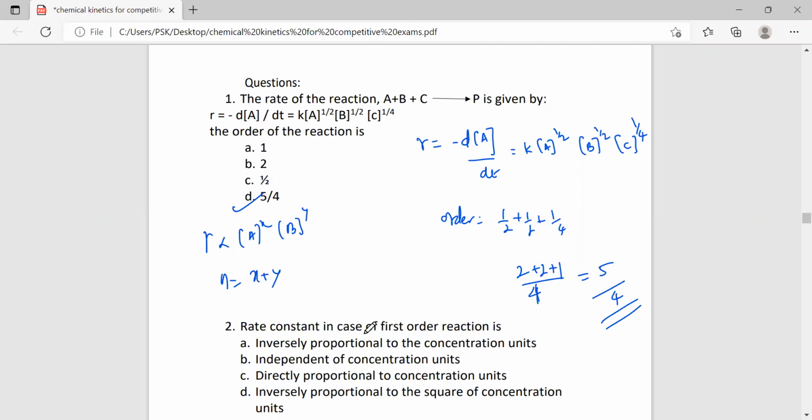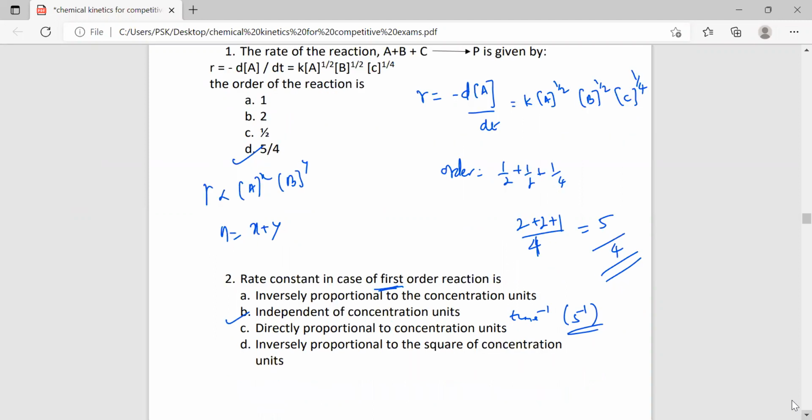See, the unit for rate constant of a first order reaction is per time, or per second in specific. So when I say the unit for the rate constant of a first order reaction is per time, it means it is independent of the concentration terms. It has no concentration terms. So therefore, the answer for this question is option B. It is independent of concentration terms. The next question.